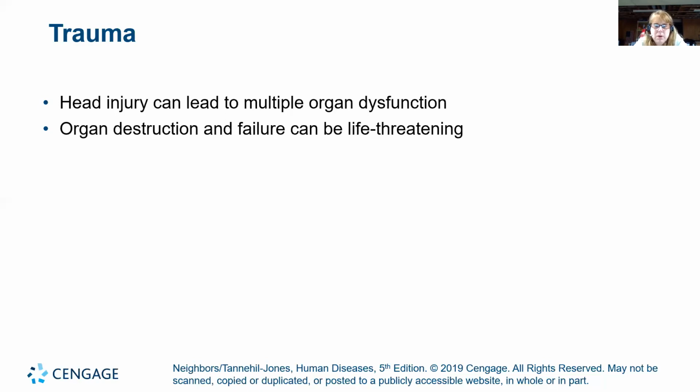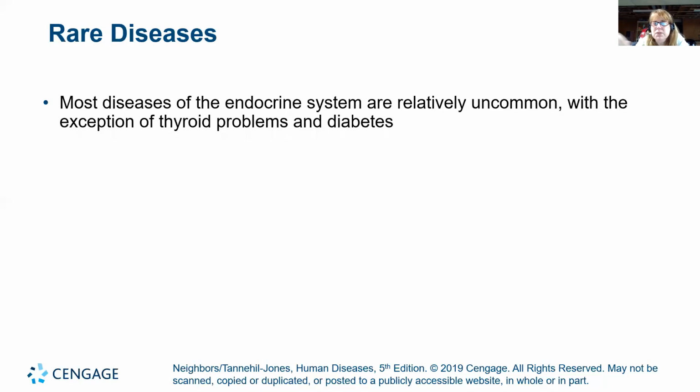We're more worried about keeping them alive at the beginning, but then a lot of times hormone imbalances occur in brain injuries because the organs are not getting the right signals from the brain. Okay, so long term, they have to worry about organ destruction and failure because this can be life-threatening. There are some rare diseases of the endocrine system.